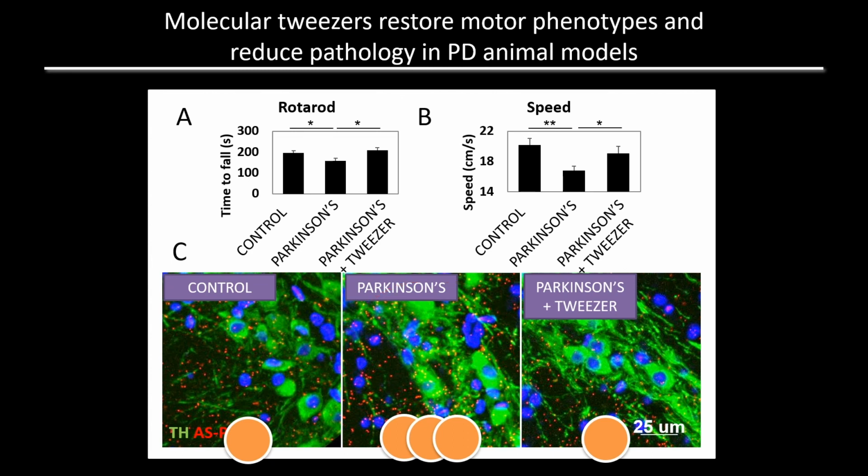And then if we treat these animals with the tweezer, we can see that there's a really drastic reduction in the amount of puncta, which means that in the end, we all get some aggregation because that's just the process of natural aging. In disease, we get too much aggregation, which the brain cannot cope with. And then if we treat those brains with tweezer, we can restore it back to normal levels.